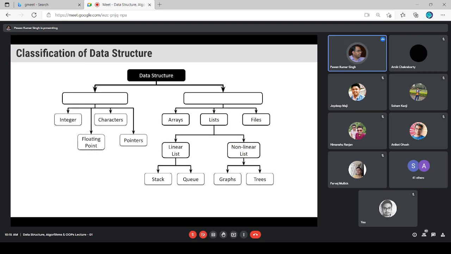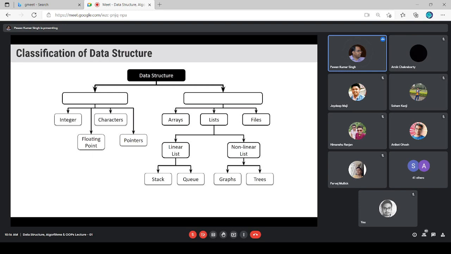So under primitive you have integer, floating point, character, pointers, and under non-primitive you have array, list, and files. Lists are again divided into two types: linear list and non-linear list. In the linear list you have stack and queue, and in the non-linear list you have graphs and trees.